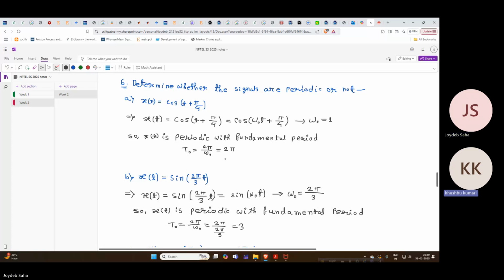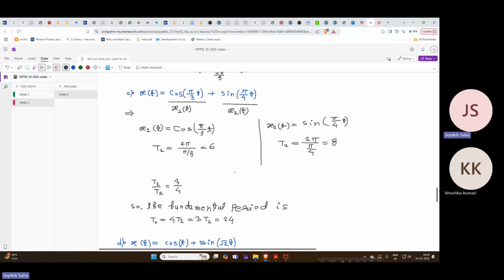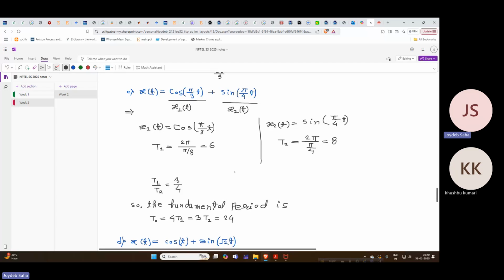DC component is periodic or not? Which one? क्या DC component periodic हो सकते हैं? Yes, DC component is periodic of any arbitrary period. It is always the same value, right?